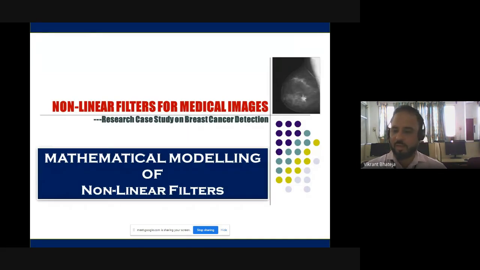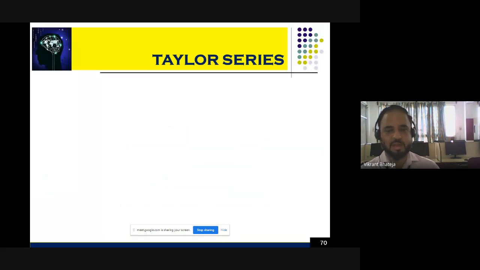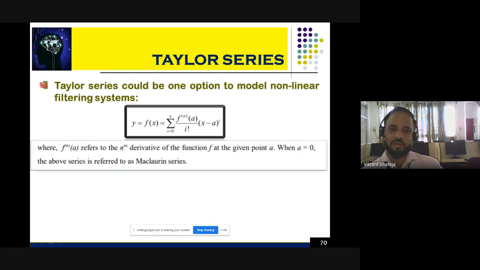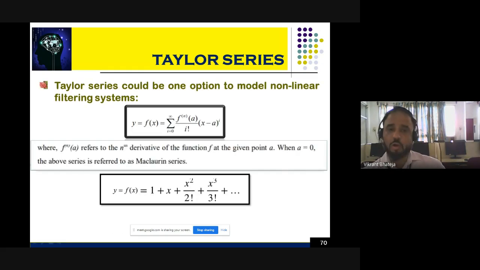Coming to the next phase of discussion, that is mathematical modeling of these particular filters. If I want to mathematically model these filters, then for non-linear filters, the concept is lifted from a very traditional, very old mathematical series, that is the Taylor series. If you remember your mathematics classes in your BTech, you can recall the Taylor series.